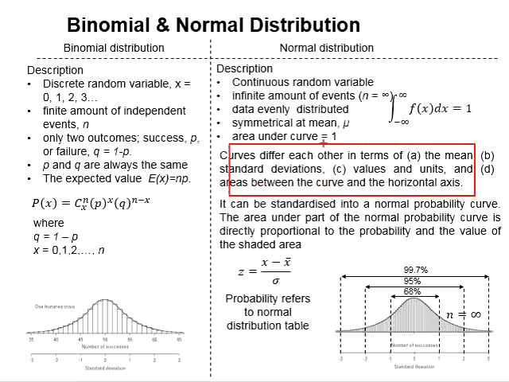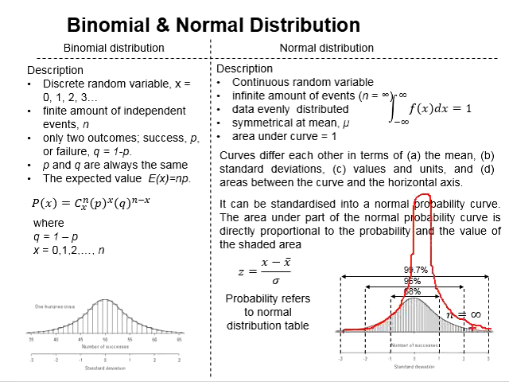In other words, the curve can appear to be very slender and tall, or very wide and short, depending on the situation. However, all these curves have a common characteristic. The curves are symmetrical on both sides and separated by the mean. The curve is smooth.